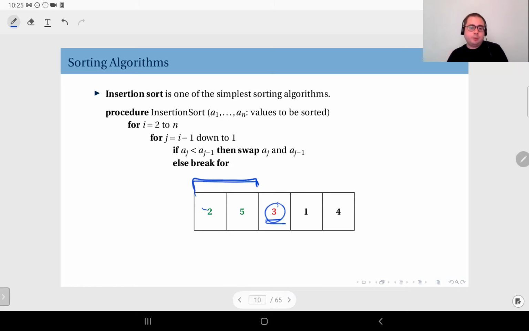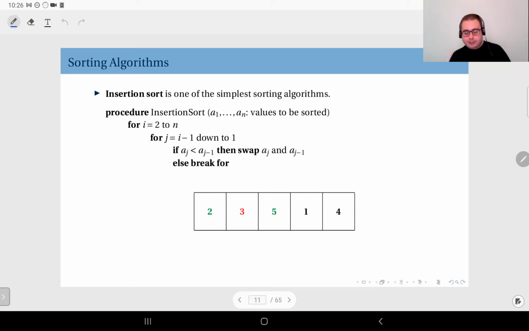Of course, we know that it has to go in between 2 and 5. But how you do it is you compare it one by one to these values by scanning backwards. So you compare 3 and 5, you see that they're in the incorrect order, so you swap them.